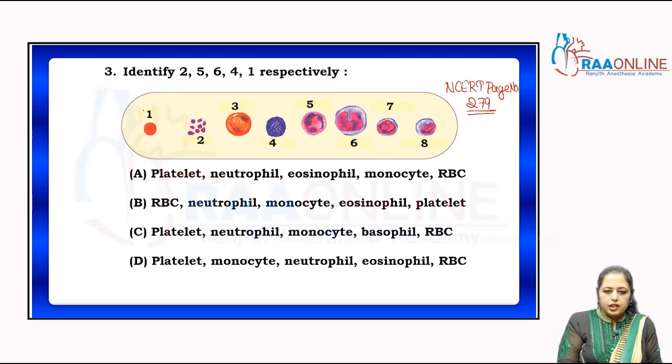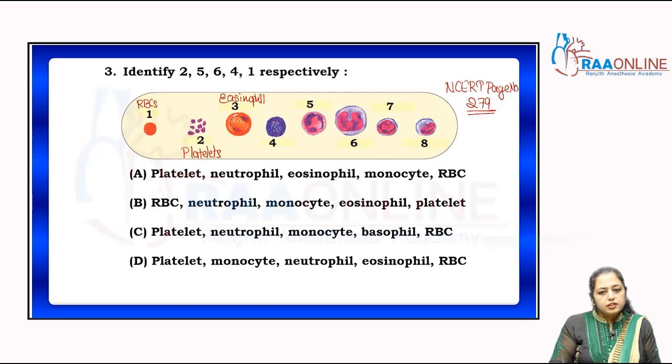That one is the RBC, that one is the RBCs, right, that 2 is the platelets. These 3 you can see here, this is bilobed, that is bilobed, that is eosinophil, right. That is the 4th one, that basophilic granules is secreted. So you can see here the granules. So what is this?